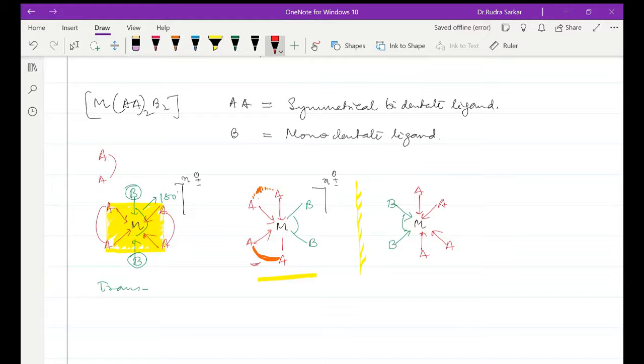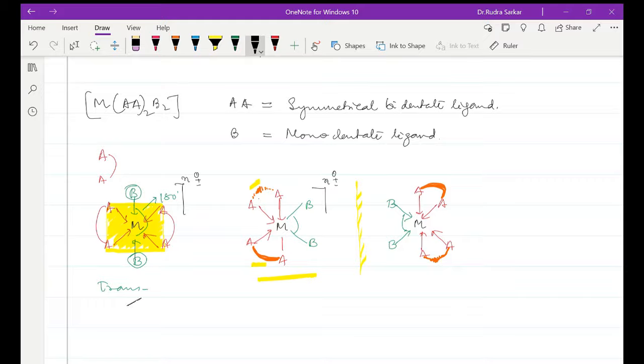Now, in the initial case this chain was in front and that was behind. In the mirror image, something that was in front will go behind and something that was behind will come in front. So to keep that clarity, we will draw this particular chain in the front, and that particular chain behind. And that is how we indicate the two optical isomers that are possible.